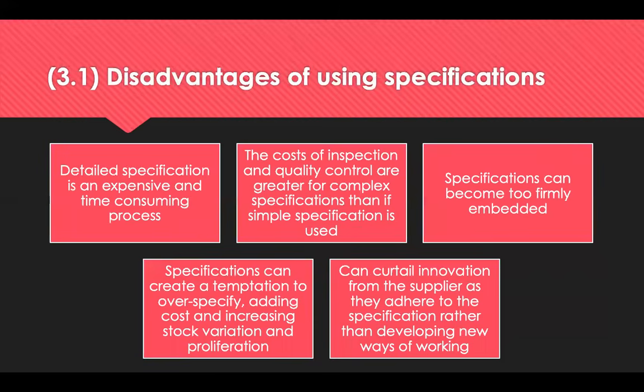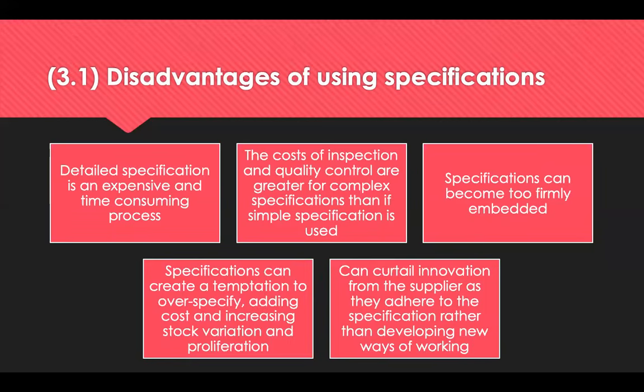But what about the disadvantages? It can be important to consider how to overcome some of the disadvantages. So for example, approval processes that will prevent over-specifying, and building relationships with suppliers that will encourage innovation. So the disadvantages are that detailed specification is an expensive and time-consuming process.